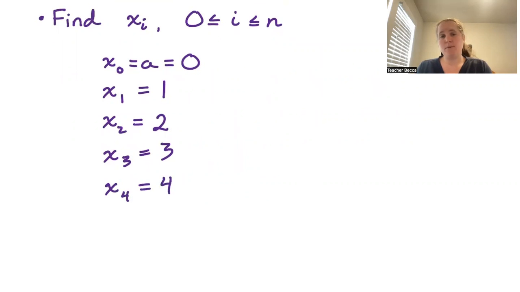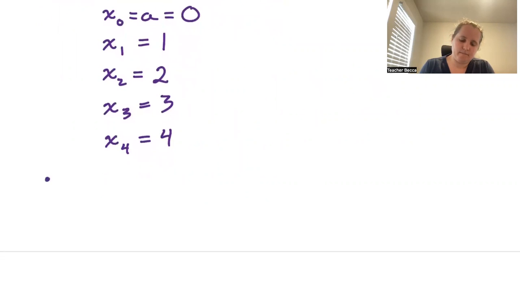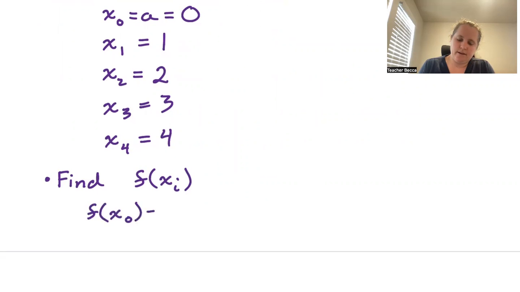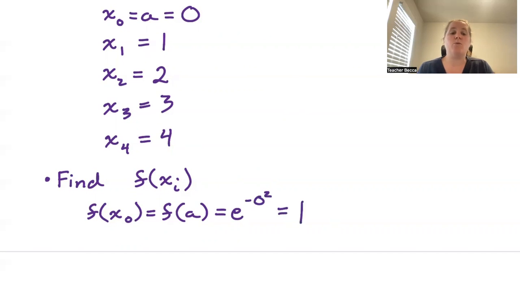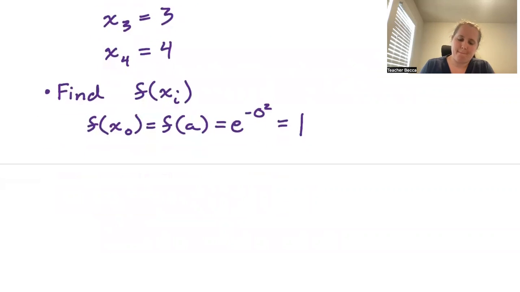Our next step is to find all of our f of xi. So we have f of x0, or f of a, is e to the negative 0 squared, better known as 1.